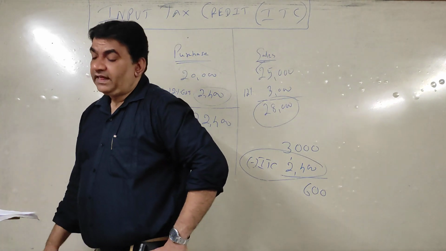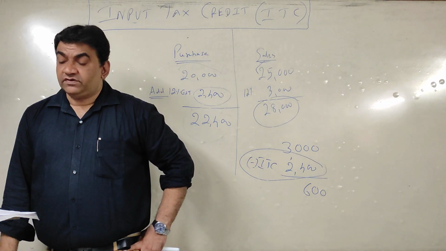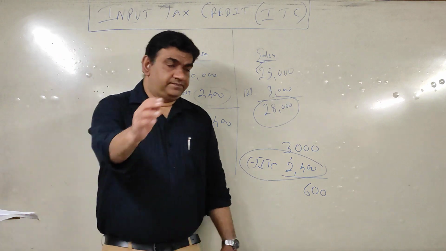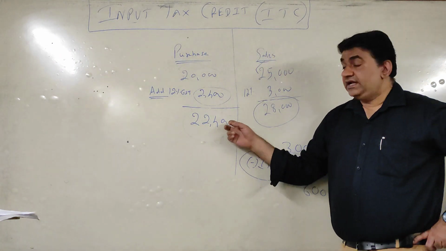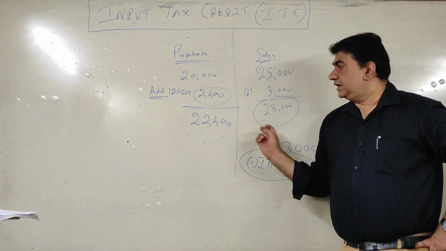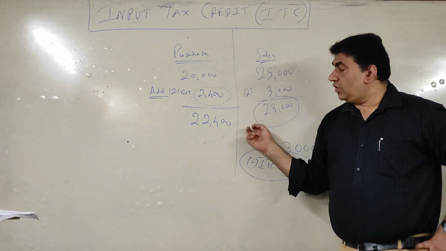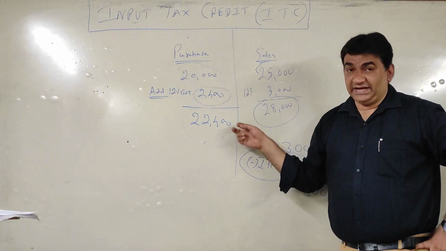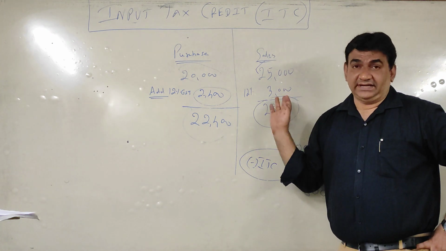Next, payment if not made within 180 days from the date of invoice. See here, this fellow has charged me 22,400. I have to make the payment to him. If I don't make the payment to him within a period of 6 months, precise 180 days, then I cannot claim the credit.